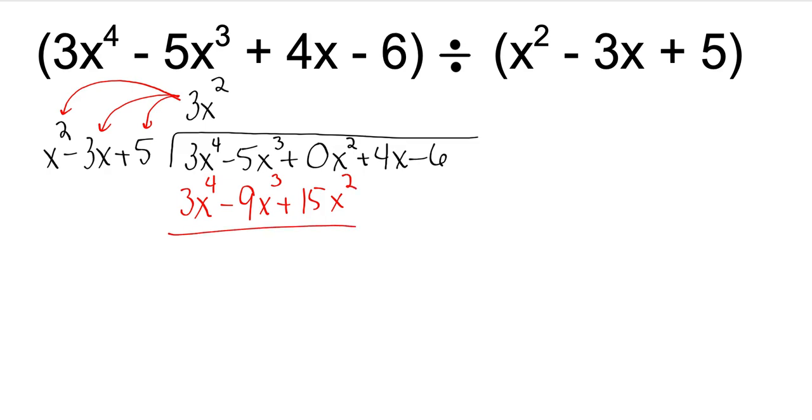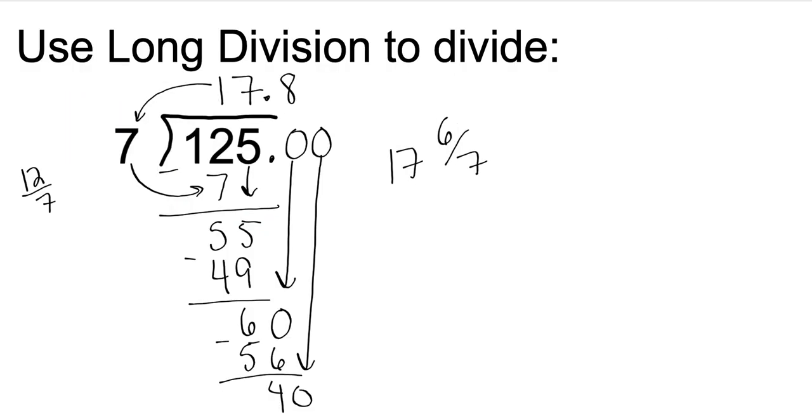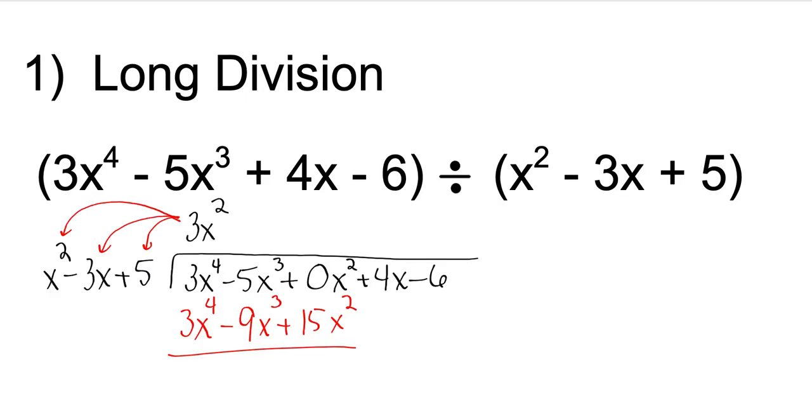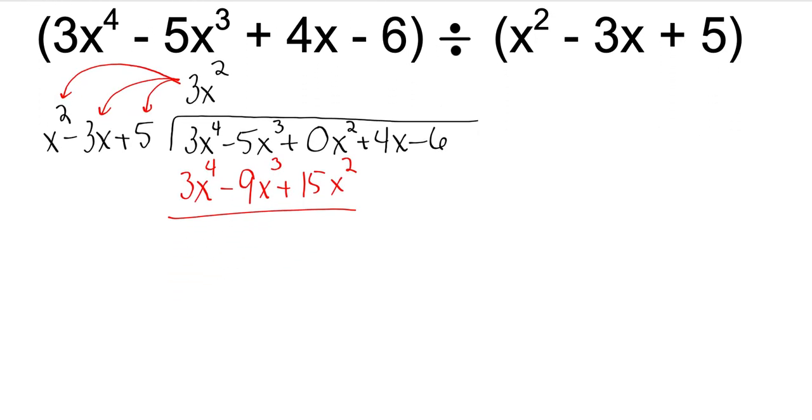Now you have to remember what you did with these numbers. Thinking back here, we subtracted those when we wrote them there. The same thing applies here. We're going to subtract those numbers, but this is a whole polynomial here.